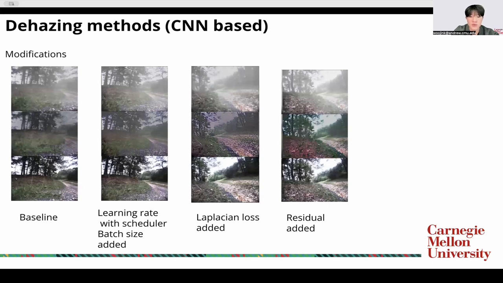The reason why we tried this scheduler was that from the baseline method, we saw that the loss didn't quite go down after a certain epoch. So we thought using a different learning rate might help with that. And also we increased the batch size to see if the result comes out differently. And this was what we got in the second column.